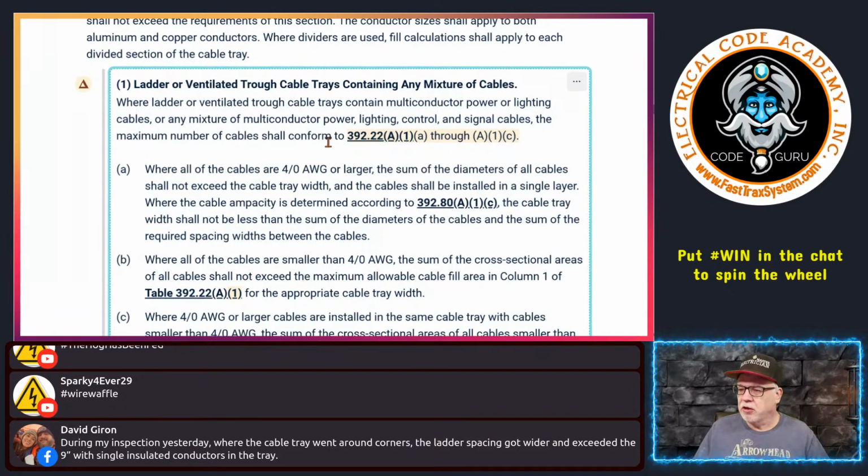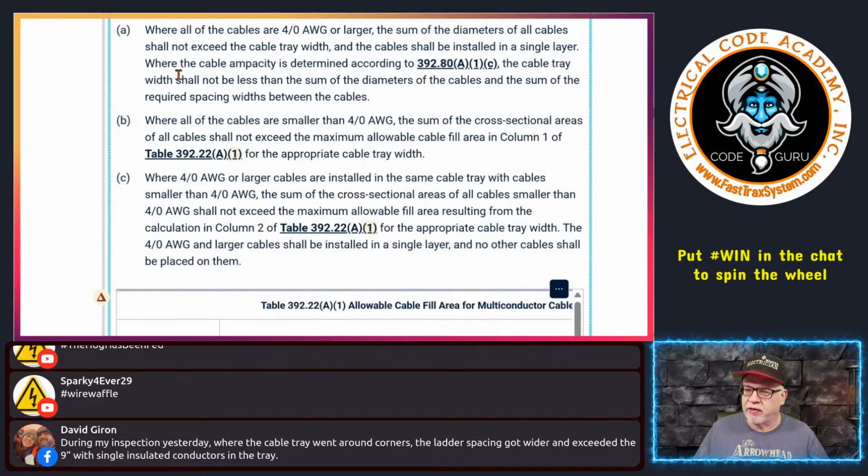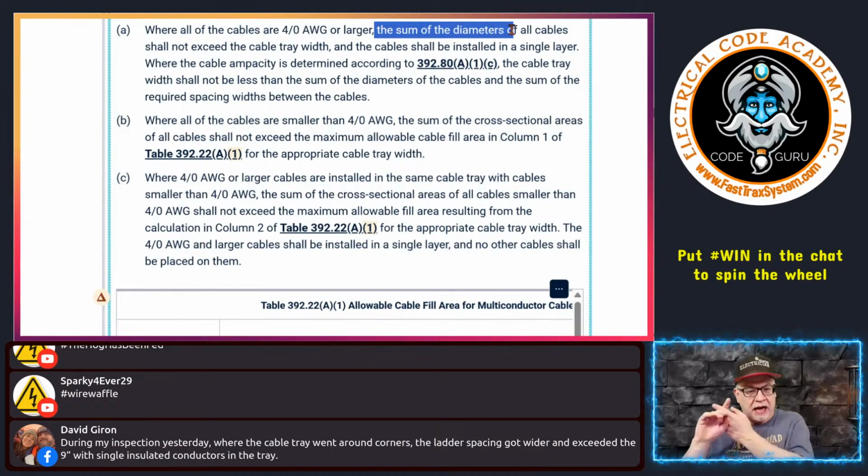All right. So let's look at each one of these really quickly. Here's A. It says where the cables are 1/0 and larger, that means it has conductors inside of it that are 1/0 and larger. It says the sum of the diameter. This is the diameter of the cable. And remember, circumference is around, diameter is across, and radius is from the center out.